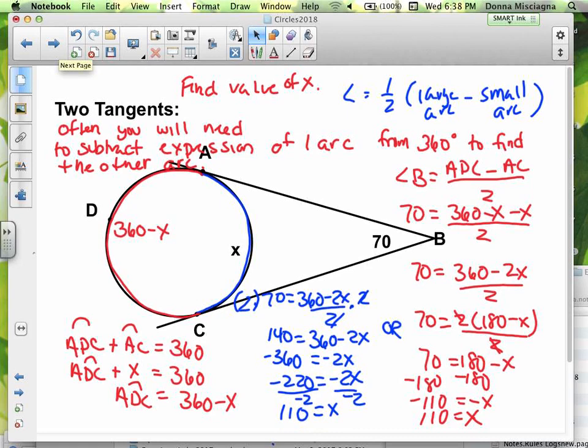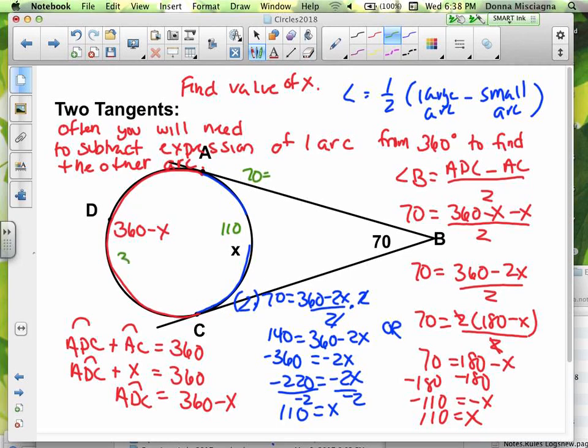So there we go. Now, we should probably check it just to make sure it works out, right? So we have 70 equals, and then it's the larger, right? So 360 minus, let's get the number here. So this one here was 70, was 110. 70 was the angle I just wrote down. This one was 110. Right?